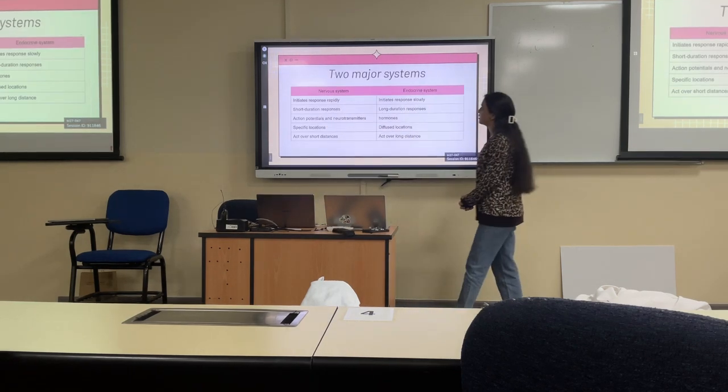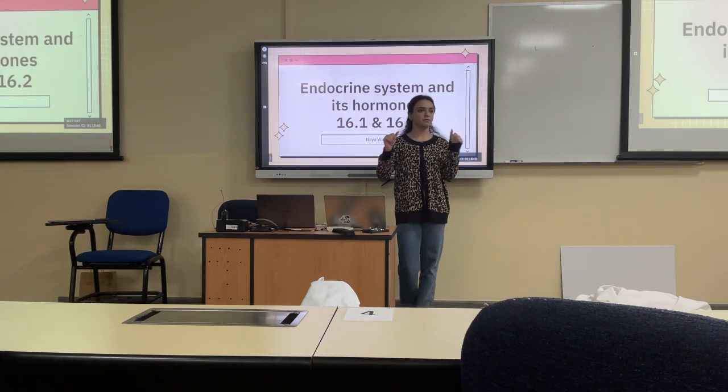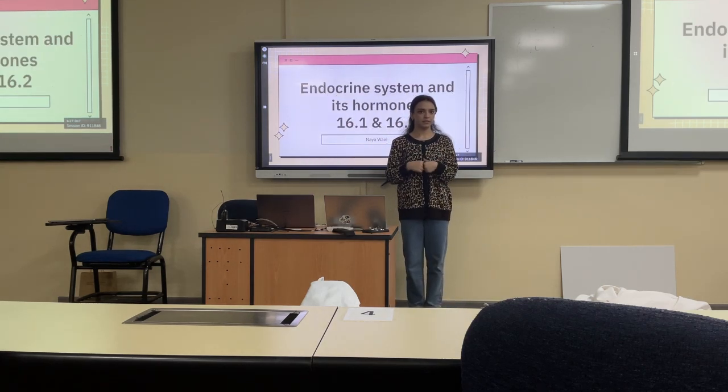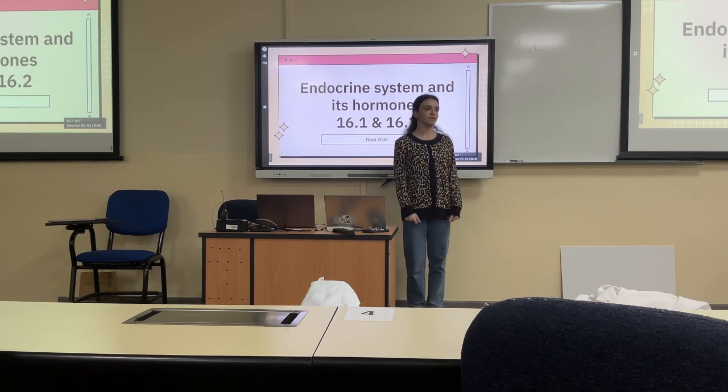Okay, so let's start. Before this, there are two major systems in our body, the endocrine system and the nervous system. They are a bit similar, but they still have some differences. Can you guys tell me what some differences they have?